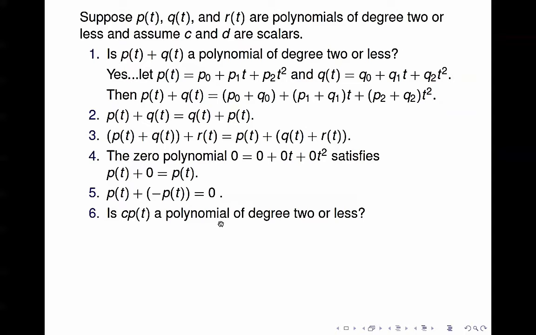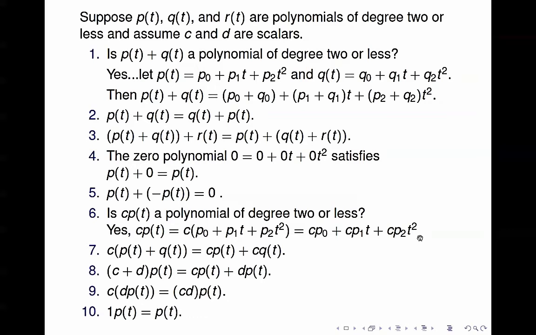If you multiply any polynomial of degree 2 or less by a scalar, do you get another polynomial of degree 2 or less? The answer is yes. And again, 7 through 10 fall out pretty straightforwardly.